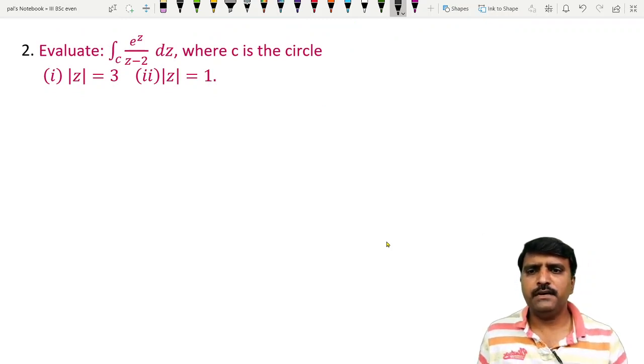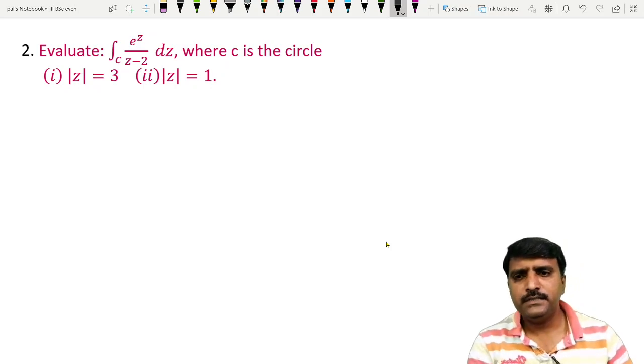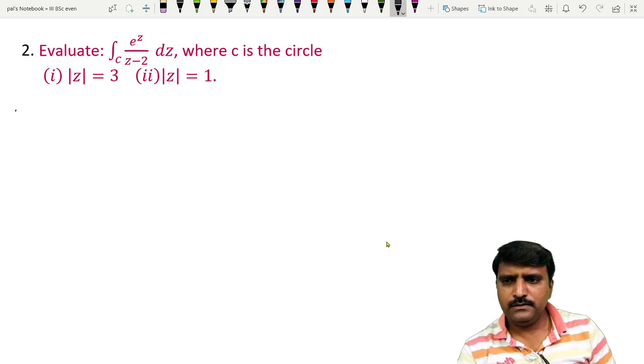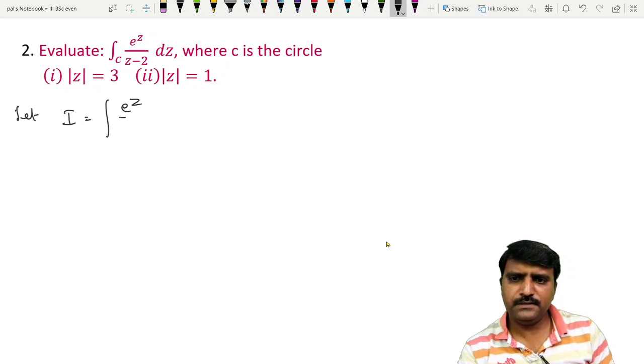Okay, so evaluate this integral I, which is integration of e to the z by z minus 2 into dz. What is a here? a is 2. And what is f of z? f of z is e to the power of z.